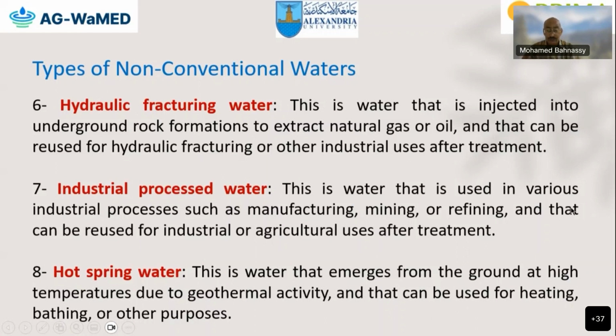This is water that's used in various industrial processes such as manufacturing, mining, or refining, and that can be reused in industrial or agricultural uses after treatment. Hot spring water. This is water that emerges from the ground at high temperatures due to geothermal activity, and that can be used for heating, bathing, and other processes.